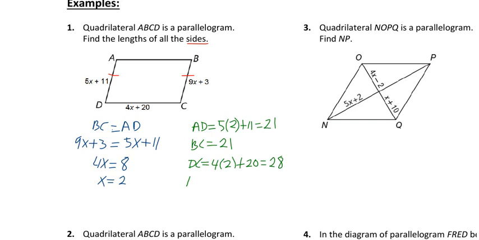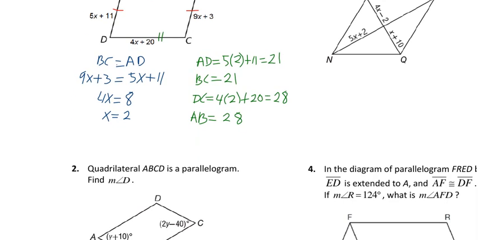And therefore, AB should also be 28 because DC is equal to AB. And that will be the end of problem number 1.